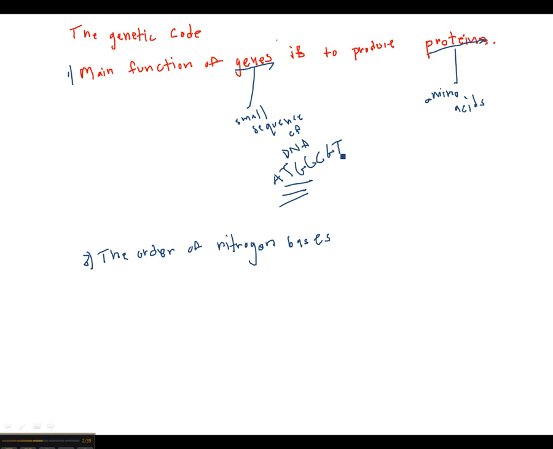C, G, T, whatever, A. The order of nitrogen bases along a gene that make up the gene. That's an N, guys. Along the gene form what type of protein? Dictate, tell, say, code for what protein is made, okay?